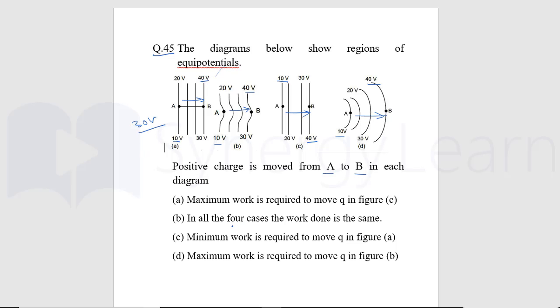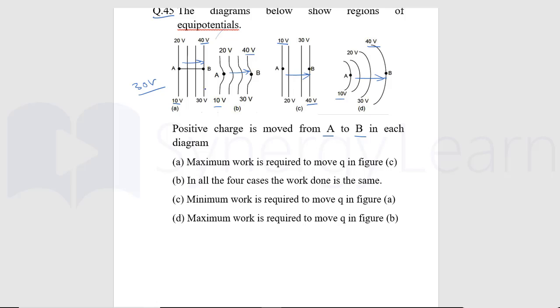So in all the cases, the work done, which will be equal to charge multiplied by this 30 volt difference through which the charges are moved, will be the same in all the cases. So the most appropriate answer is B, which says in all the 4 cases the work done is the same.